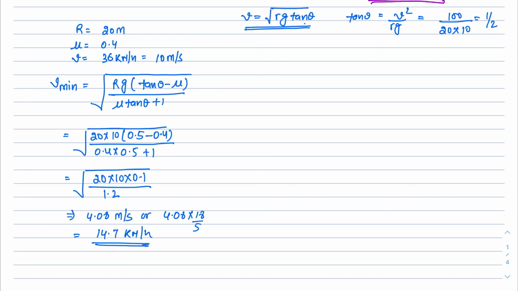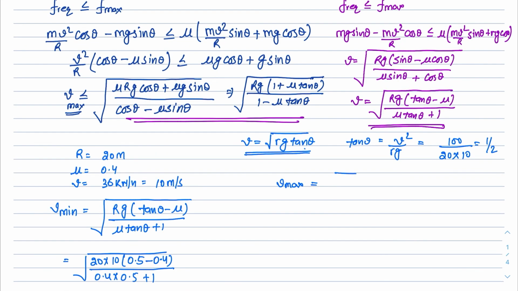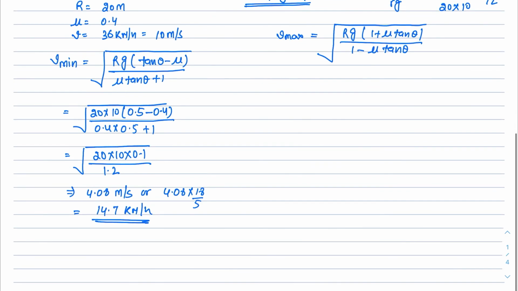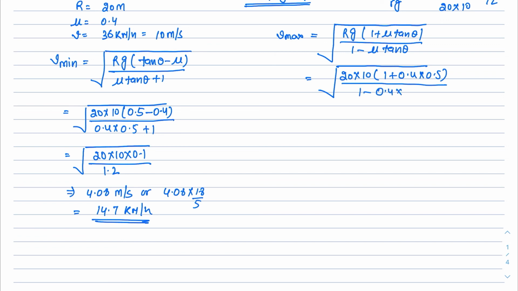Now to get the maximum value, which is V max, the formula is under root Rg times 1 plus mu tan theta upon 1 minus mu tan theta. Now this further will become under root R is 20, g is 10 times 1 plus 0.4 into 0.5 upon 1 minus 0.4 into 0.5.